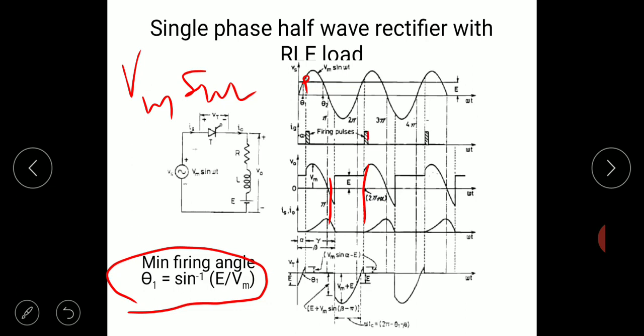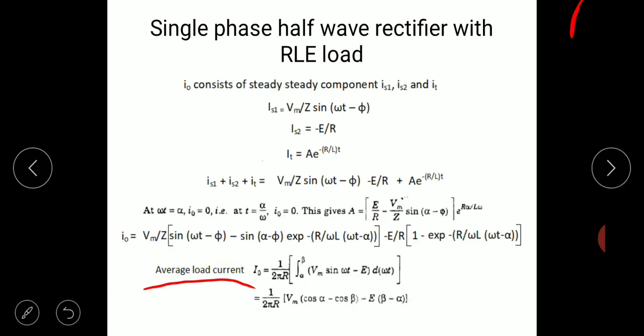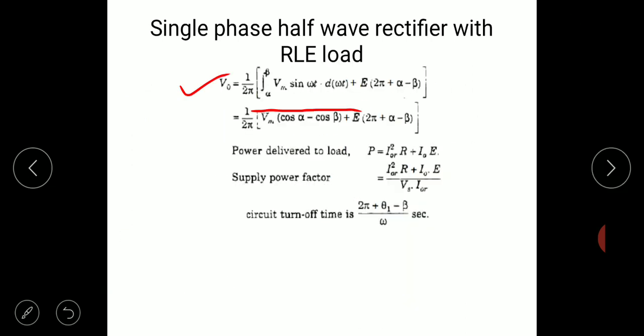This is 2 pi plus alpha minus this total angle beta, 2 pi plus alpha minus beta. This is the duration in which capital E is available. So this becomes capital E multiplied by 2 pi plus alpha minus beta. So on integration of the first term, you get the average load voltage in the form of this expression.